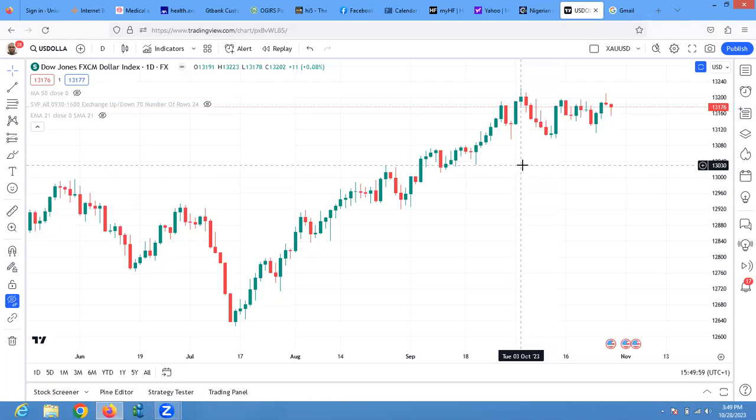Now, when you are having a flat, you know all the relationships between what a running flat is, what a regular flat is, what an extended flat is. So I'm not going to go into that. If you don't know, go and read about corrections of Elliott waves.